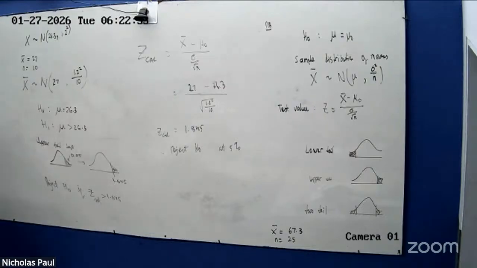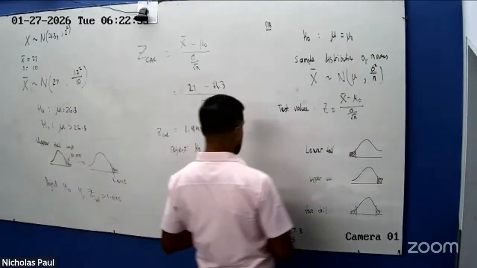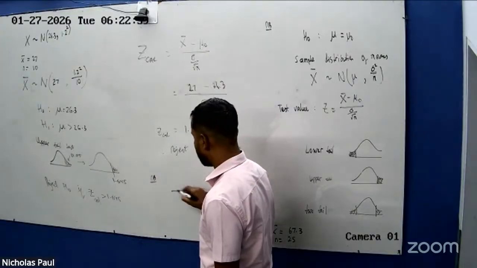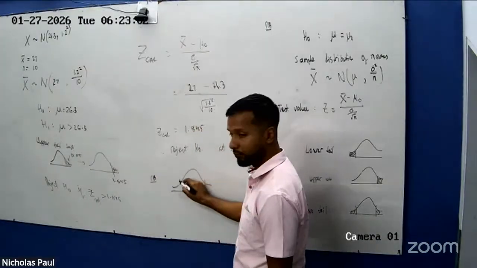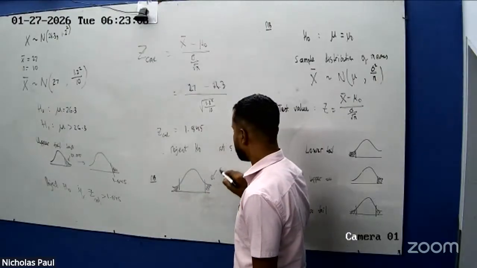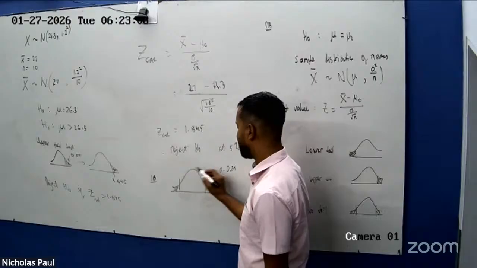One thing I want you to remember for the two tail, for those who didn't finish it already: the two tail is a test that looks like this. Here and here is 0.025 on each side.